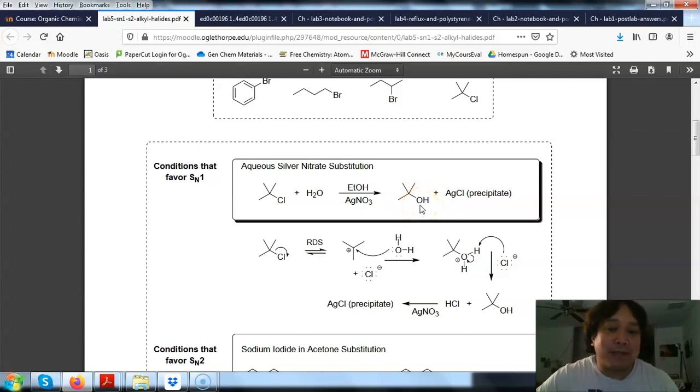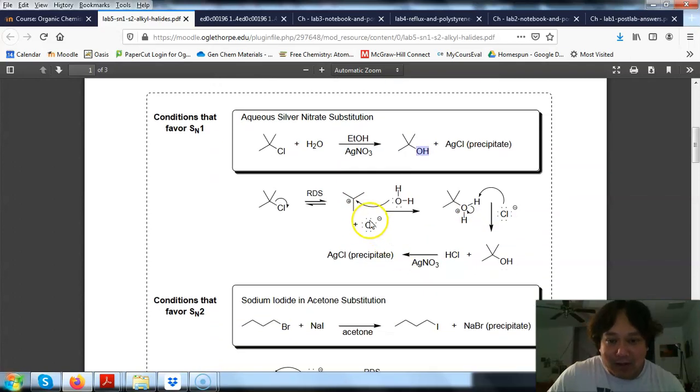So this was experimental, and when we ran this reaction with these four molecules, we mostly got alcohols. So here's your OH. That OH came from water, and technically OH is not the nucleophile. Water is the nucleophile. Water attacks the carbocation that we see here.